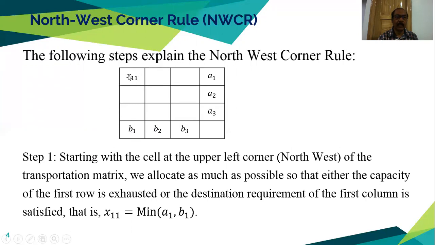That's why we consider x11 equal to the minimum of A1 and B1. Now the question is that A1 may be greater than B1, A1 may be equal to B1, and A1 may be less than B1. So three cases arise.